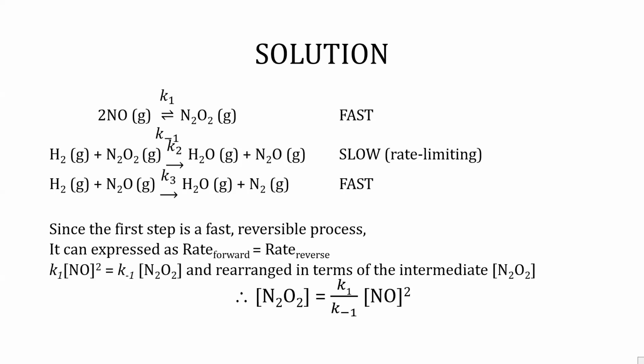Solving for the intermediate N2O2, it equals k1 over k minus 1 times the concentration of NO squared.